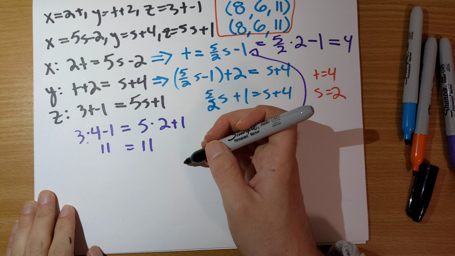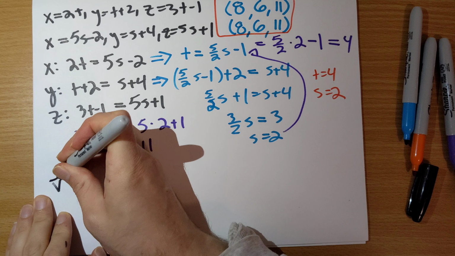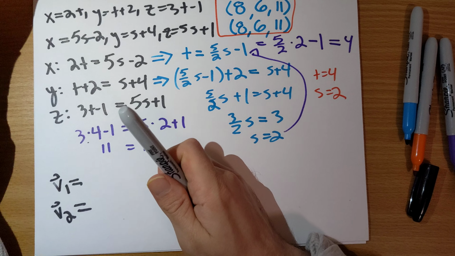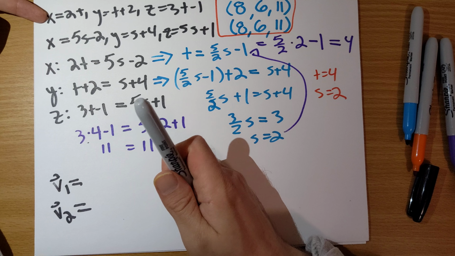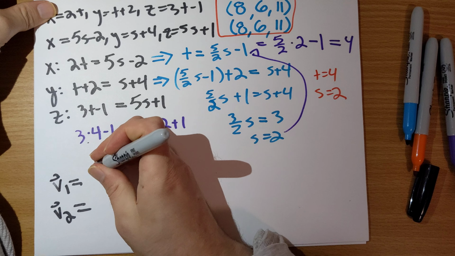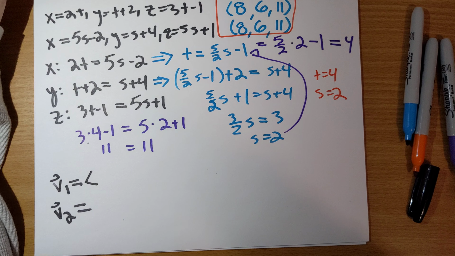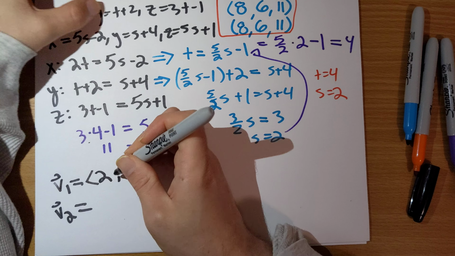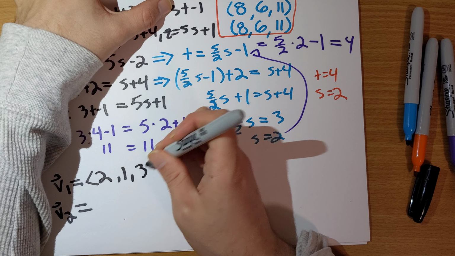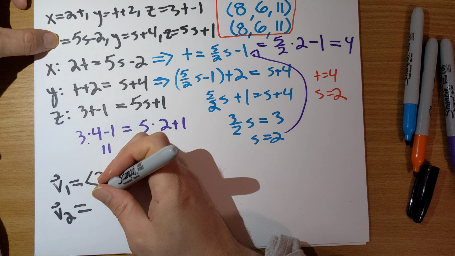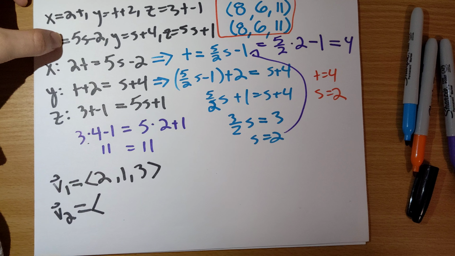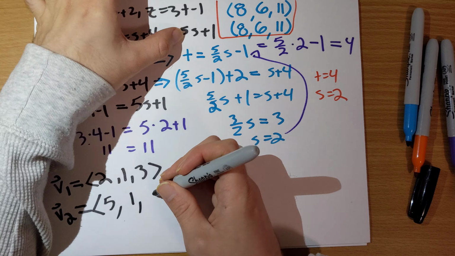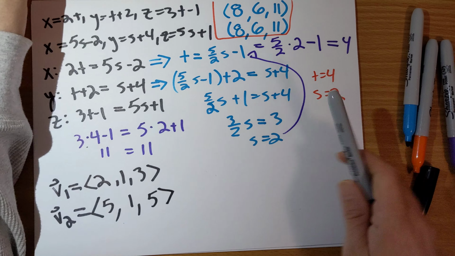Well, we want direction vectors for each of the lines. So a direction vector for this first line is simply we just write down the coefficients of t in the x, y, z components. So 2, 1, and 3. And then the direction vector for the second line, the coefficients of s are 5, 1, and 5.